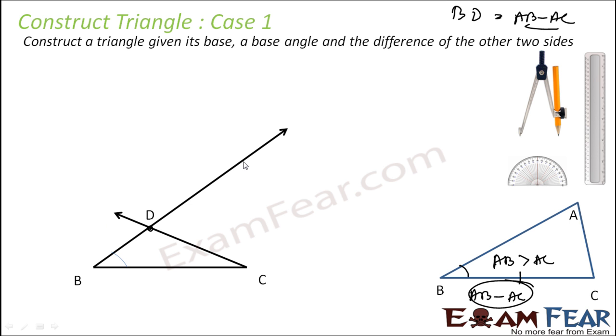So somewhere we have to get the point A here, such that AD is equal to AC. Then in that case, BA minus AC will be what? BA minus AD, because AC will be equal to AD. So we have to now draw AD equal to AC. Correct? Somewhere we have to draw like this. So if we have somewhere A here, BA minus AC will be what? BA minus AD.